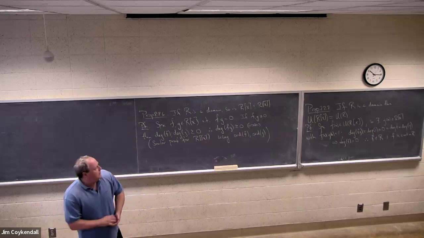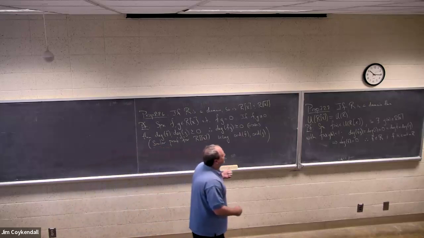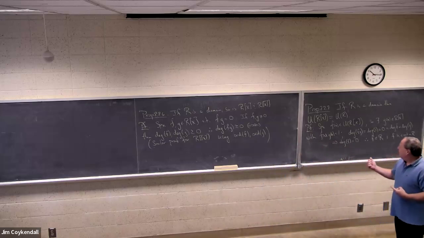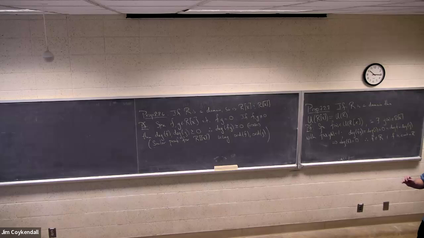Notice a couple of remarks about this last proposition. Number one, I left out power series because the analogous result for power series is not true. You've got to massage it a little bit. We'll look at that in a moment. Also, you might ask yourself, what happens if R is not a domain, or if it's got zero divisors?